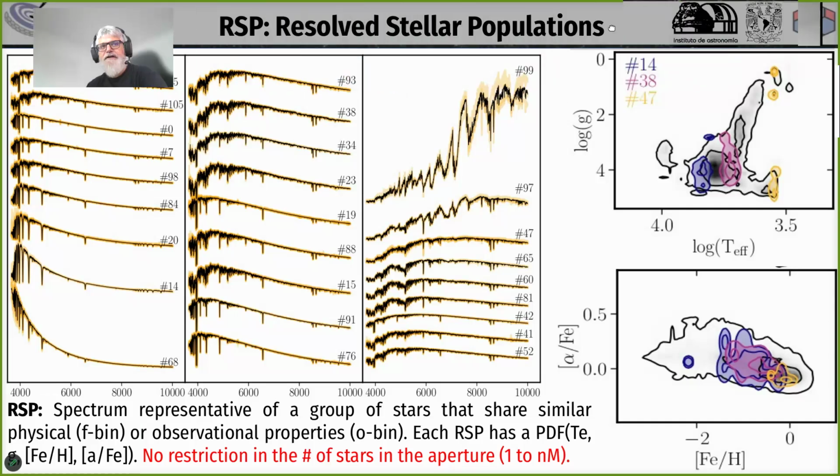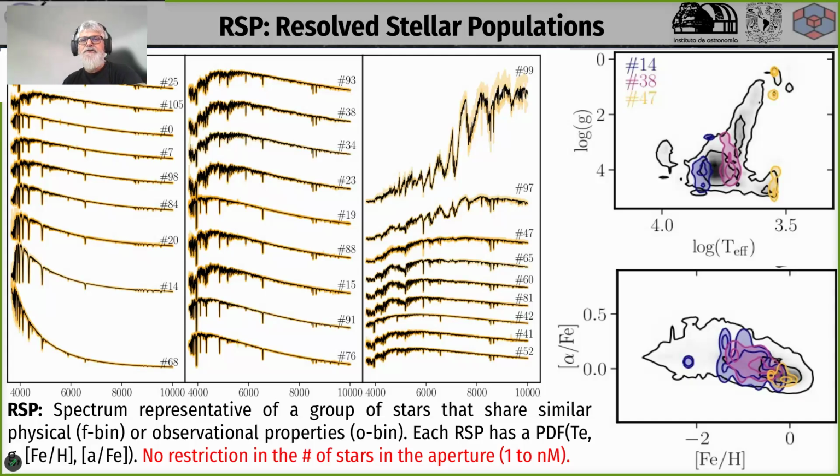That basically means that the different stars in here share the same temperature but very different gravities, and they are indistinguishable, the stars that enter in this RCP. Curiously, the distribution in abundances is quite different, and it's very narrow both in iron and alpha enhancement. So this is how we decompose the stellar component into its ingredients.